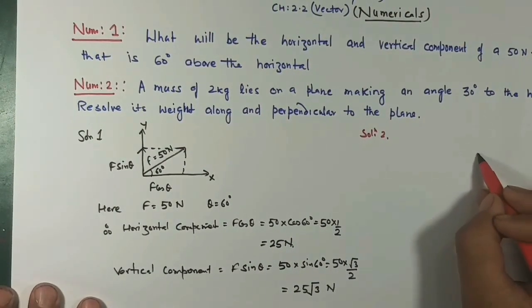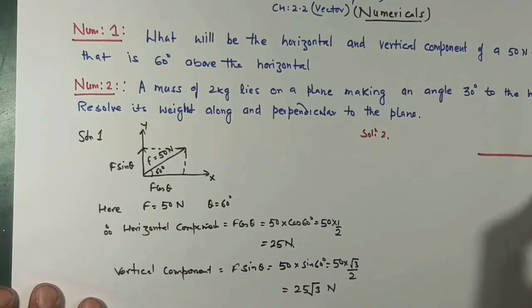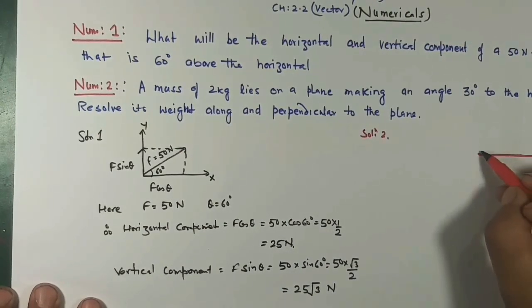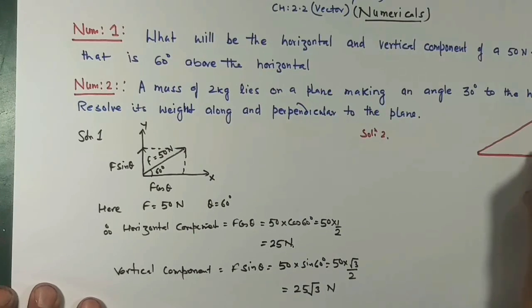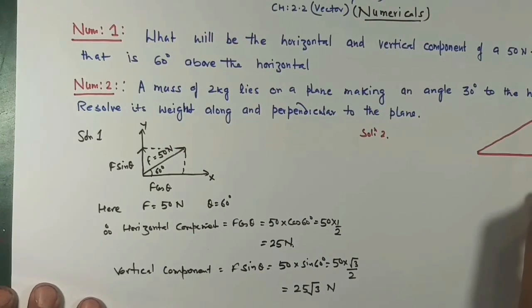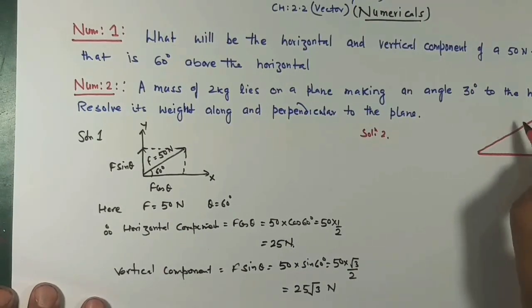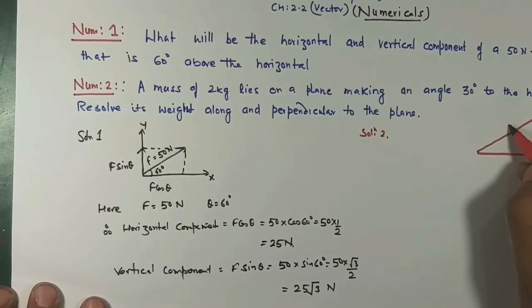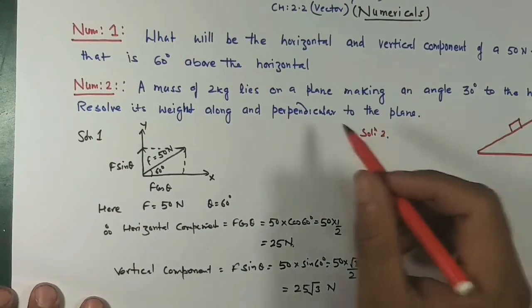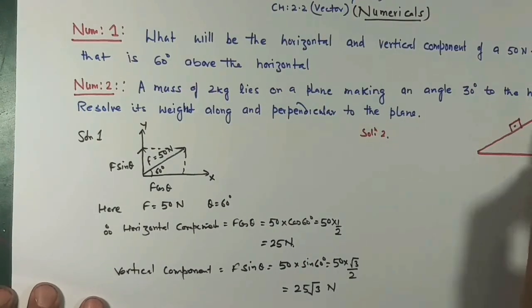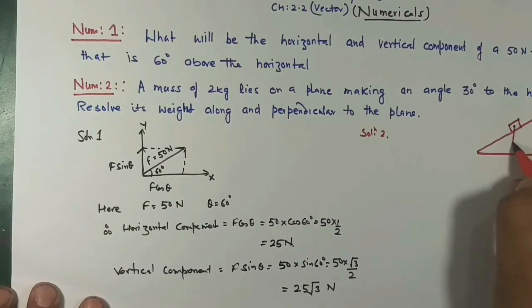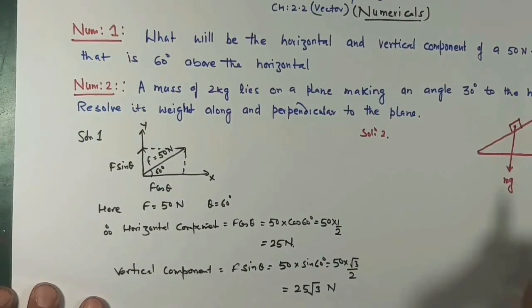It's a horizontal plane like this, and there is a plane inclined to it like this, and it has a mass of 2 kg. So what will be its weight? Weight always acts vertically downwards. Its weight will be equal to mg.